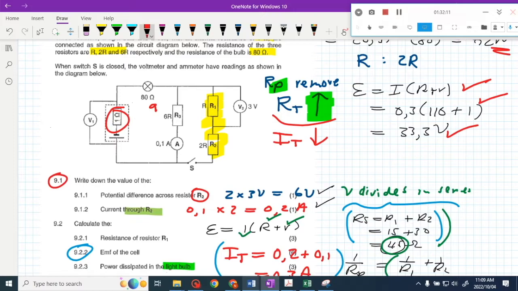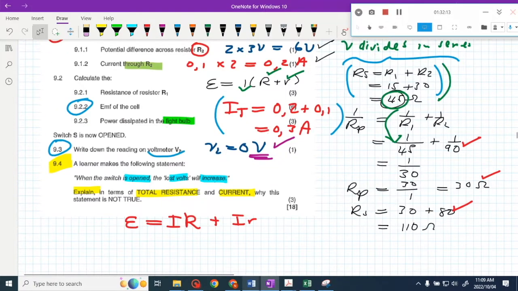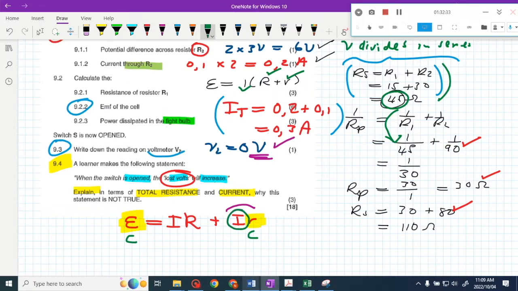Now they asked us to explain what happened to the lost volts. The lost volts is this part over here. In this formula, for a given circuit, EMF and internal resistance are constant. They don't change. So if the total current increases and we multiply it by a constant number, what happens to this part? It becomes larger.